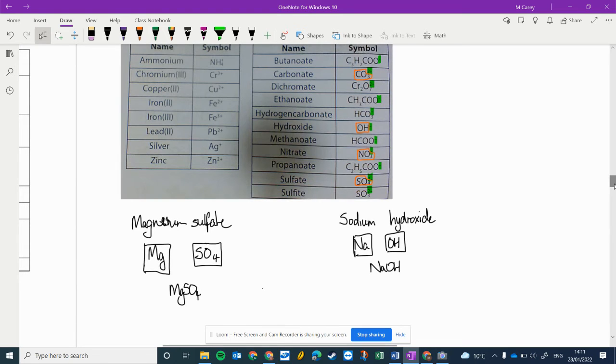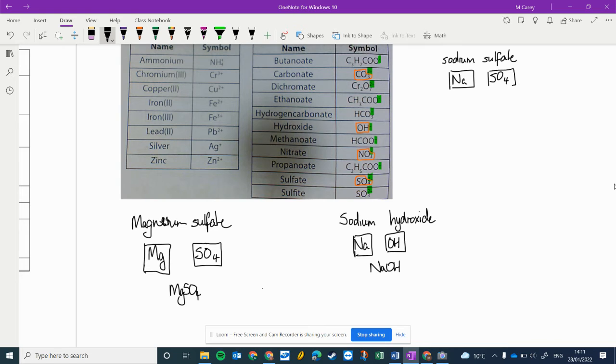What about sodium sulfate? So again, we've Na and SO4.